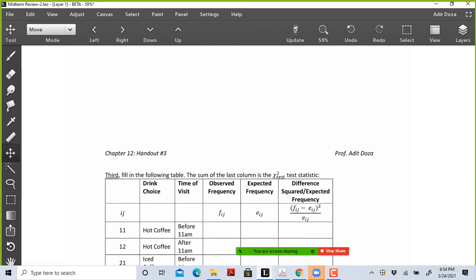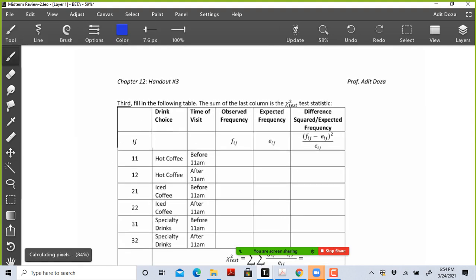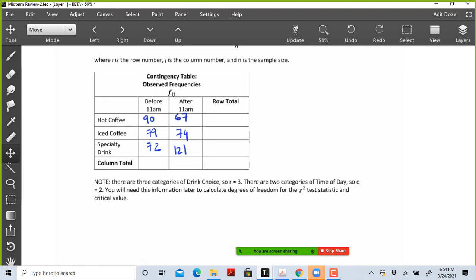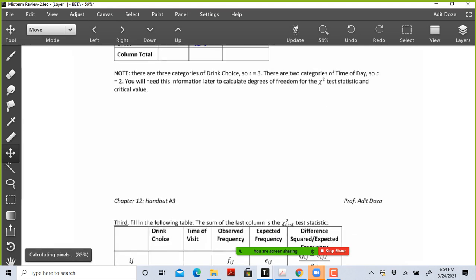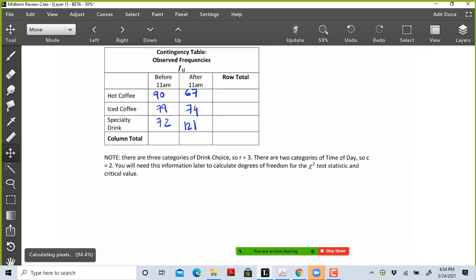In fact, we can write down the observed frequencies because we already have this information. 90 before 11 a.m., 67 after 11 a.m. Then the next one is 79 before 11, 74 after 11.